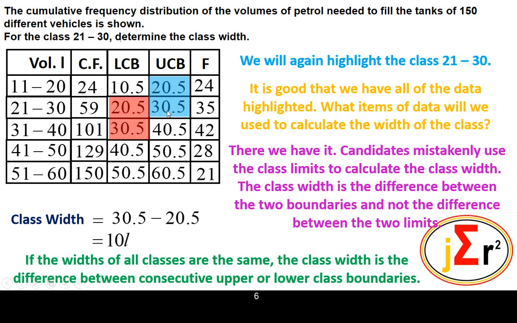If we use consecutive upper class boundaries, we will get the same thing, 30.5 minus 20.5. And if we use consecutive lower class boundaries, we have 30.5 minus 20.5, and all of those would give the same correct answer. There are at least 3 different correct ways in calculating the width of the class as required of the statement of the problem.